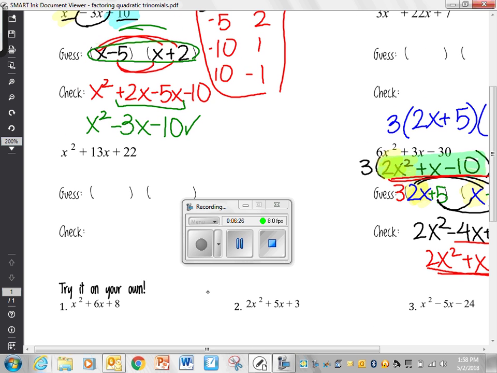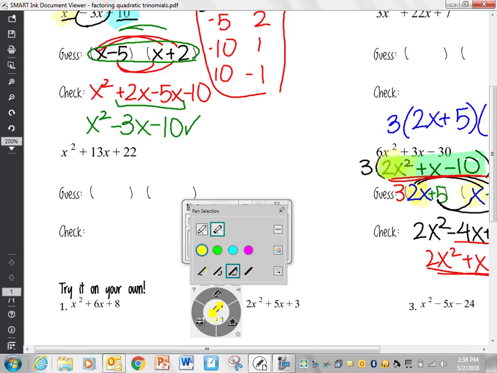Real quick, if we wanted to do x squared plus 13x plus 22, start it out the same way. Is there a GCF? There's not. So you're just going to jump right away to your first step. Your first step says what two things multiply to x squared. Put them in the first slot. X times x.